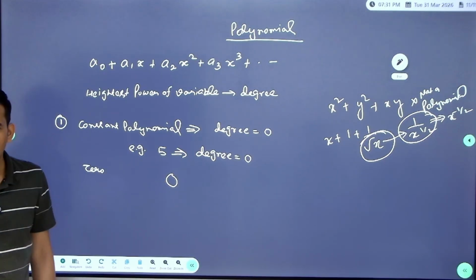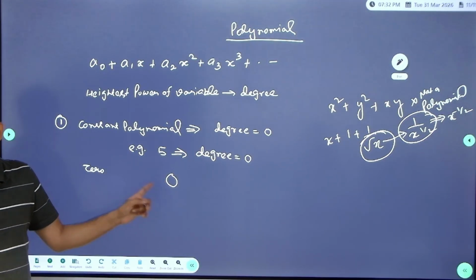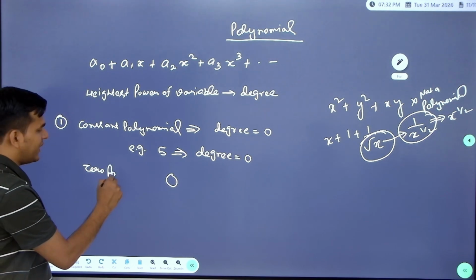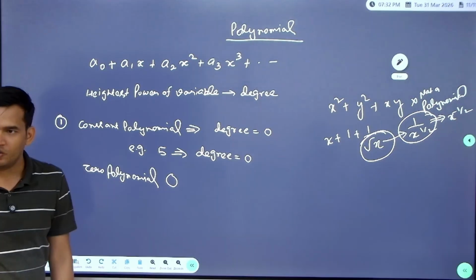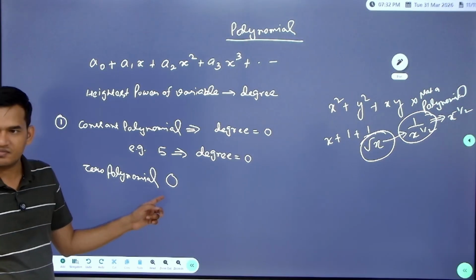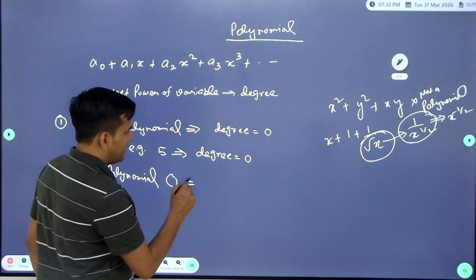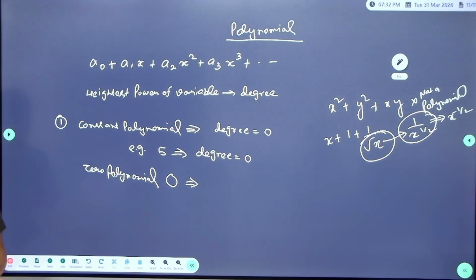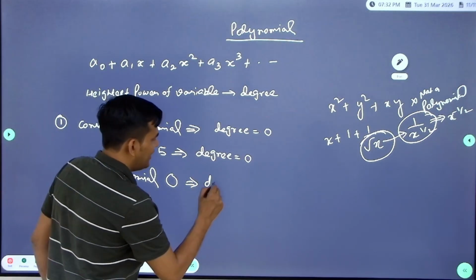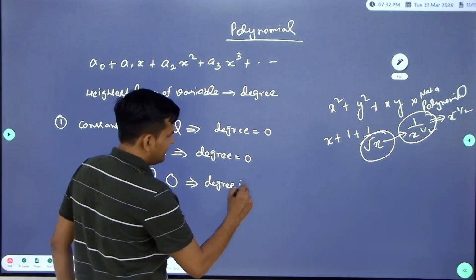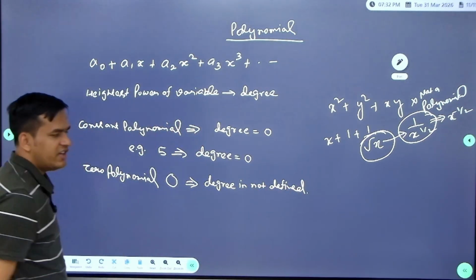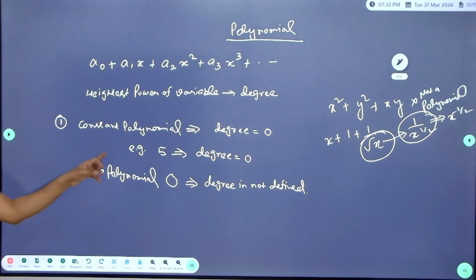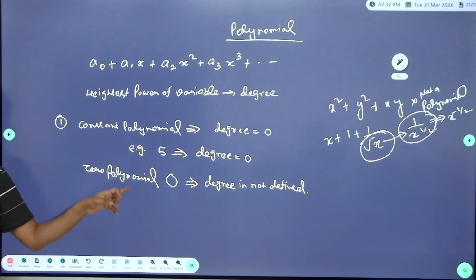It has a separate name. The degree of this is not defined because 0 into anything is 0. So we say that degree is not defined in this case. For the 0 polynomial, degree is not defined. For the constant polynomial, degree is 0.